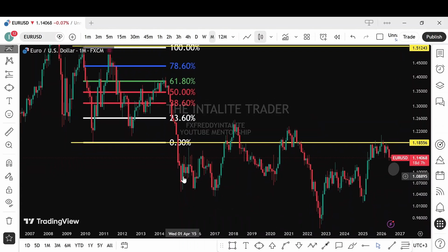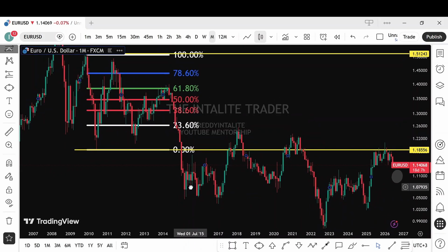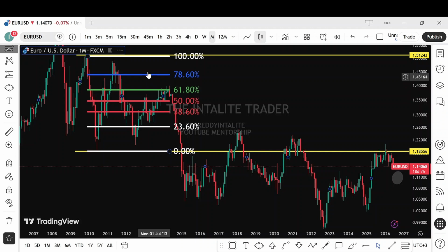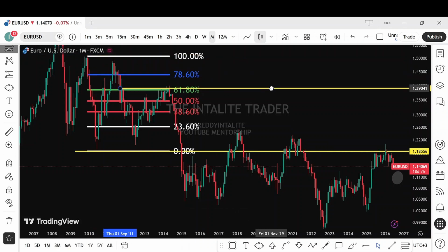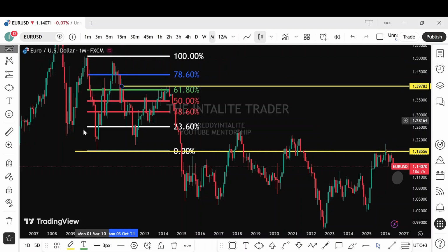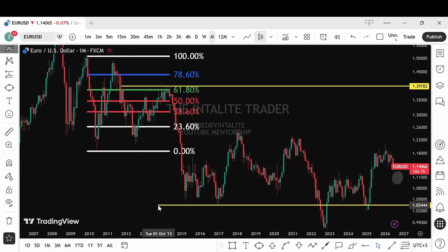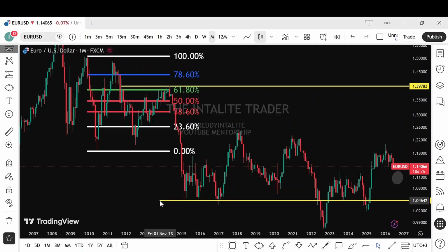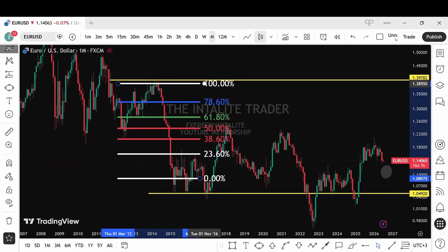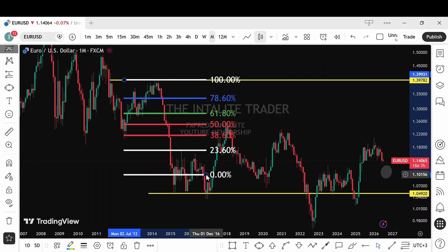Then that's when we can take the last level and this. So we now say this is our swing high here, and then this is our swing low, this one. So you come and put your level here like this.